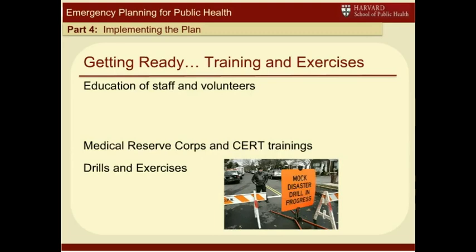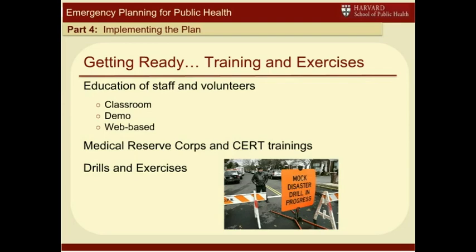Training and exercises improve ability to cope with an emergency. Training for staff and volunteers may include classroom and instructor-led classes, demonstrations of procedures or equipment, and web-based trainings. Volunteer organizations such as Medical Reserve Corps or Citizens Emergency Response Teams may conduct regional training events.